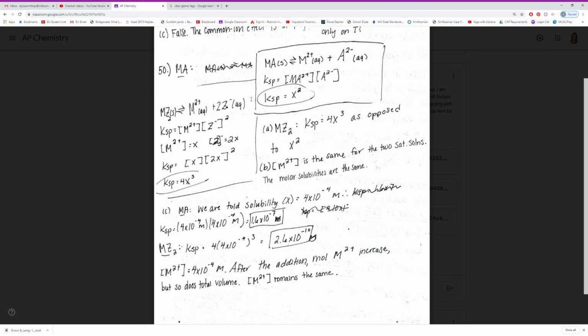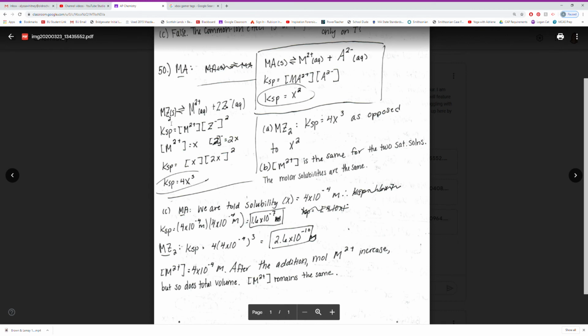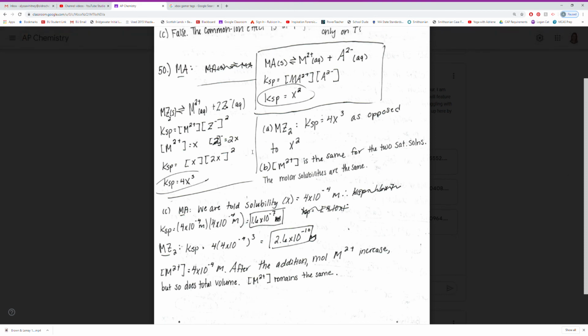There is 1 mole of M2+ per mole of salt, and that's seen in both expressions, right? And this should have been M2+, not A2+. I'm seeing my error there now, so this would just be M2+. Sorry about that.